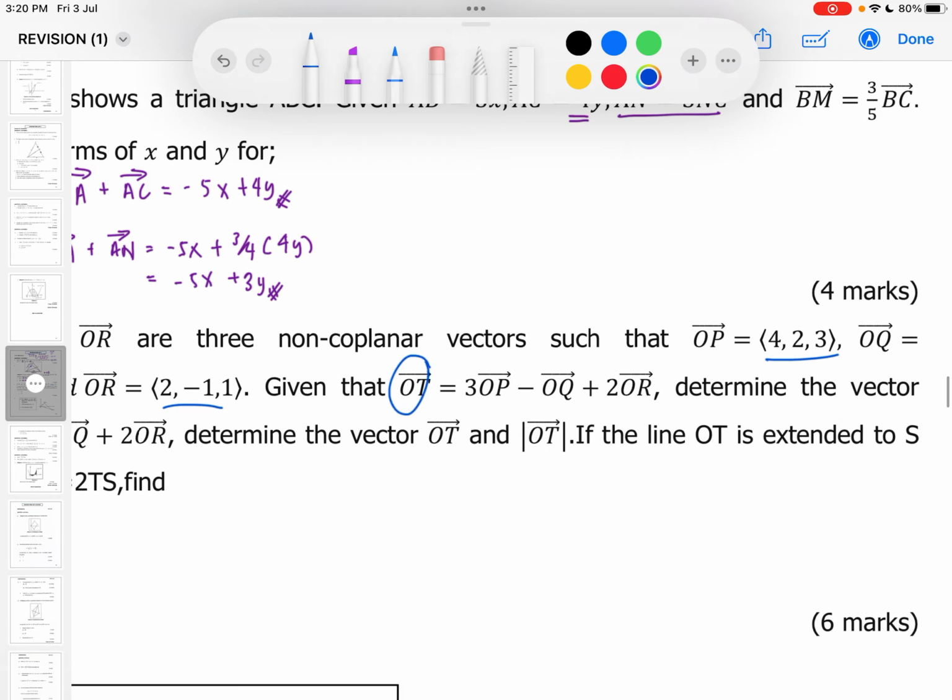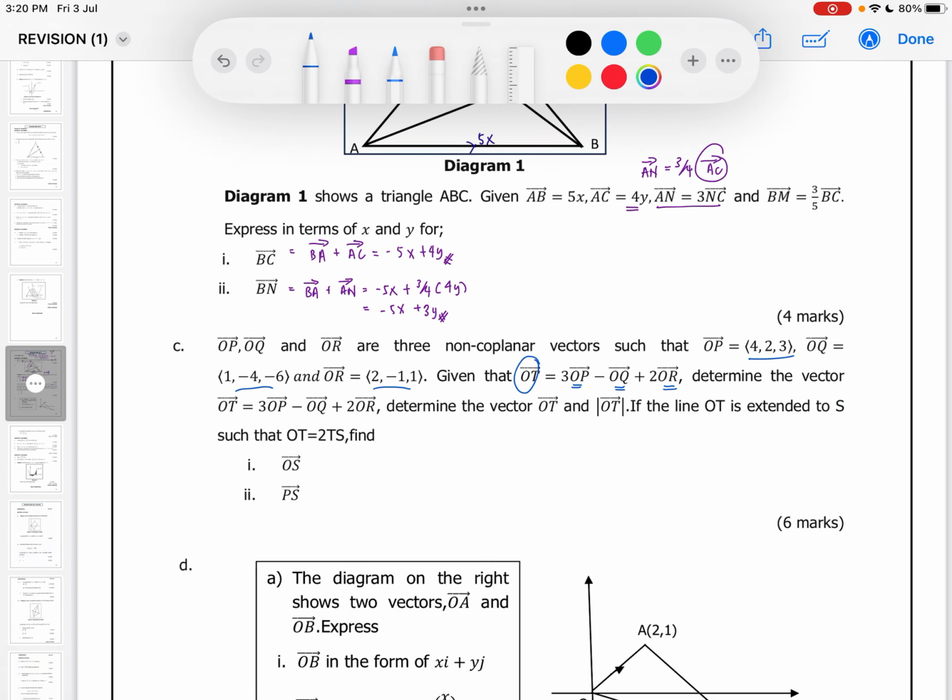Given that OT equals 3 times OP minus OQ minus 2 times OR, determine the vector OT, and then the magnitude of OT. If the line OT is extended to S such that OT equals 2S, find OS and PS. Wow, so much work. Okay, let's do it one by one.